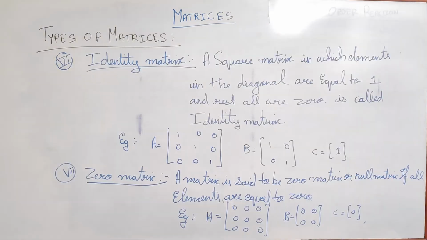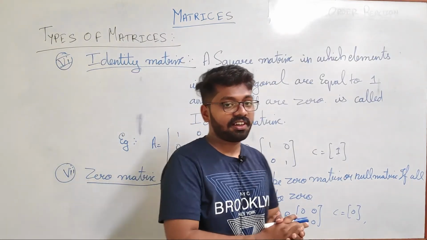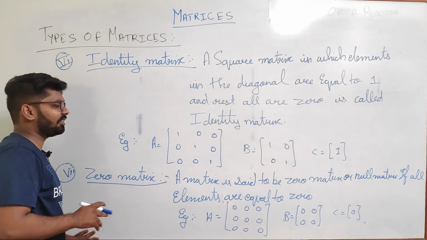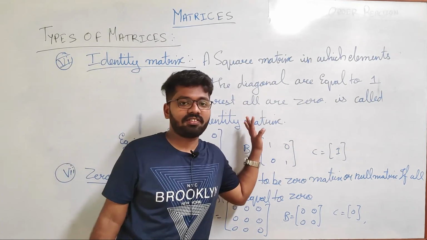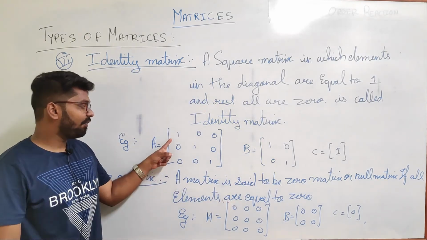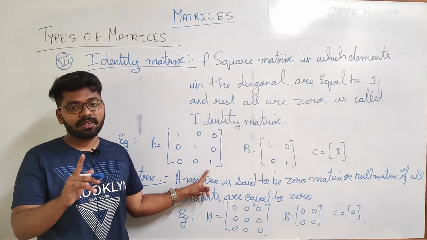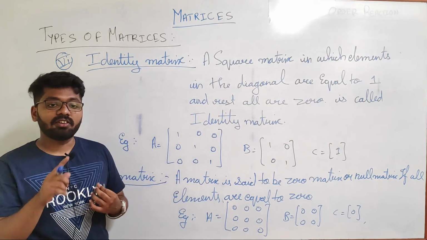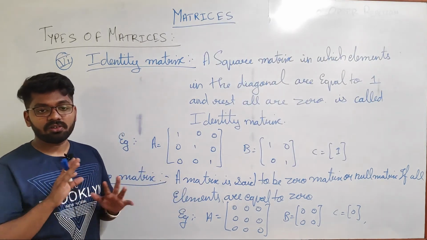This you understand first. Okay, so the last two types of matrices. The first is the identity matrix. This is basically the definition you will be learning, but I will make it simpler for you. See, all diagonal elements should be equal to 1 and non-diagonal elements should be equal to 0.